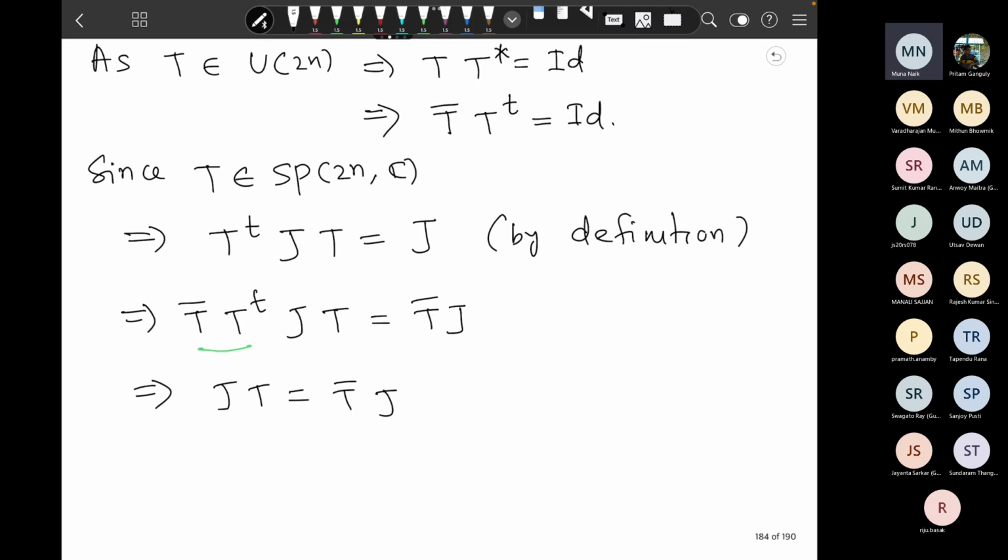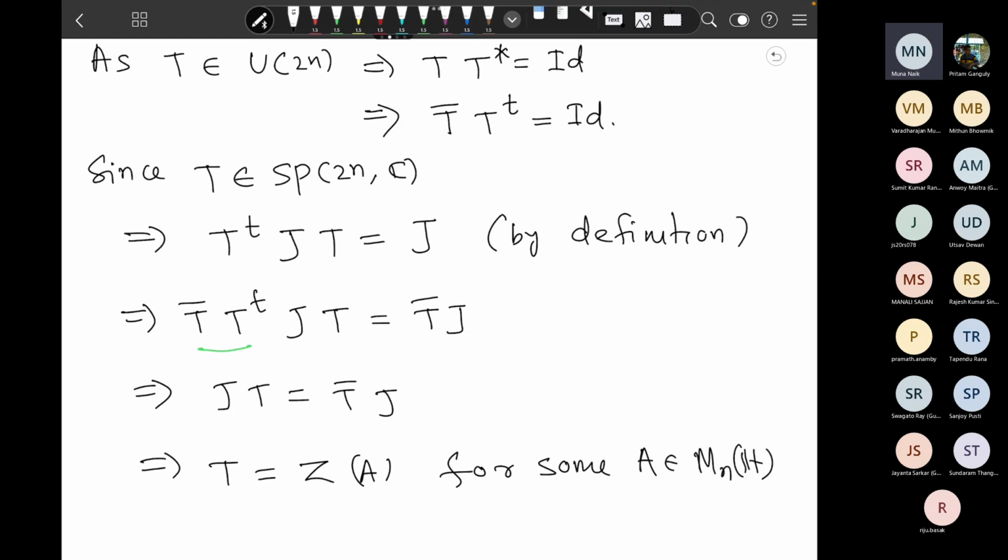So T is actually a complex matrix, but JT is equal to T bar J. That will imply that T is equal to ZA for some A belongs to MnH.